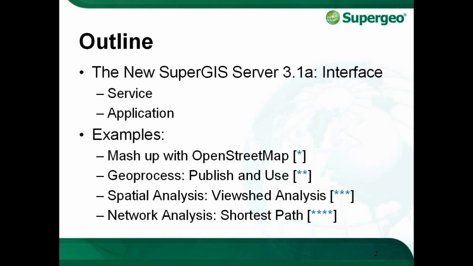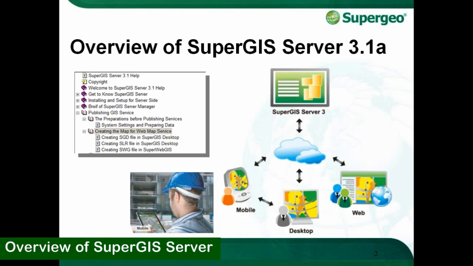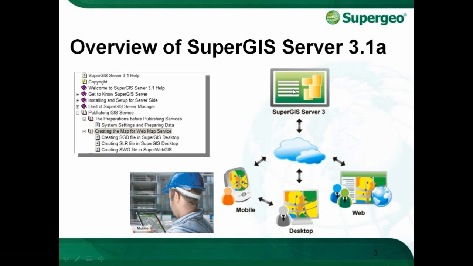Now, we firstly take a quick look at the brand new SuperGIS Server. The first question is, who can connect to the map services? From the figure here, we can see that either from mobile, desktop, or web client, they all can use the map service which is published by our SuperGIS Server.